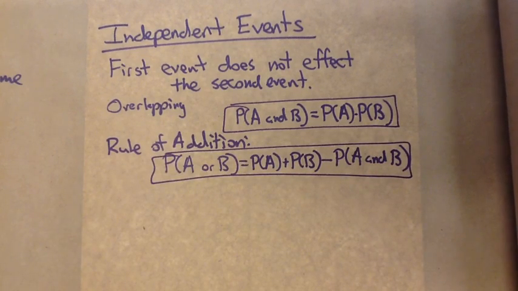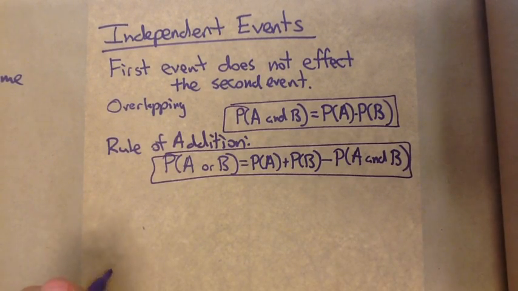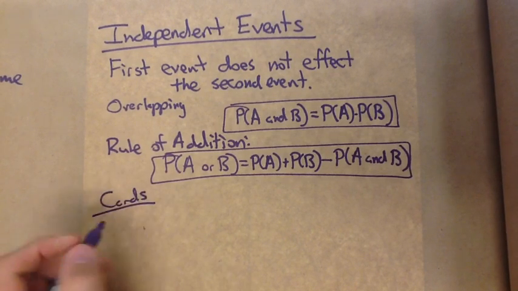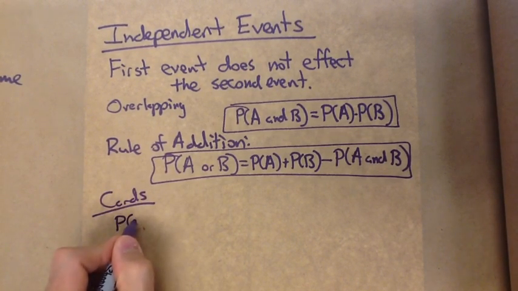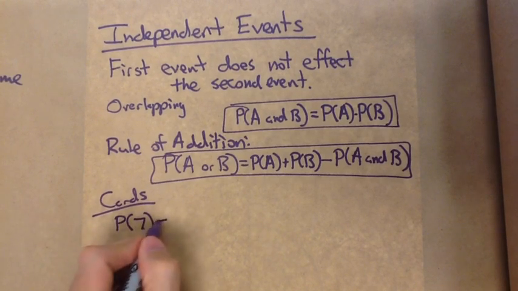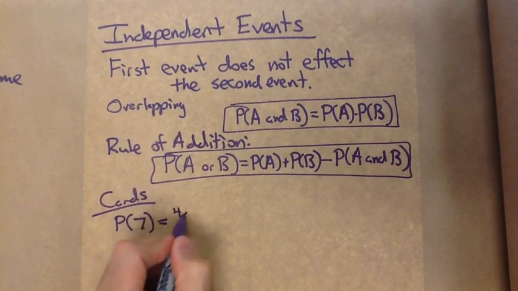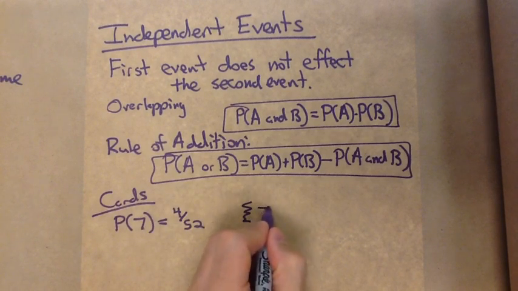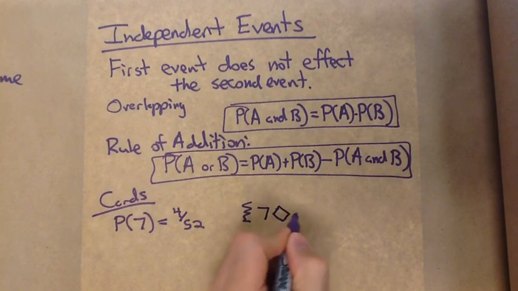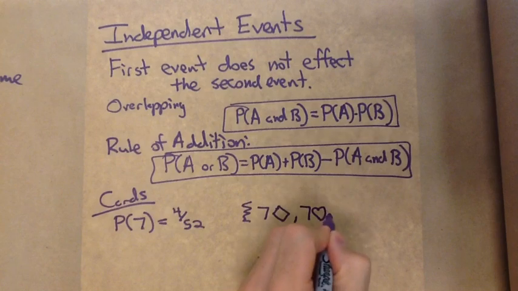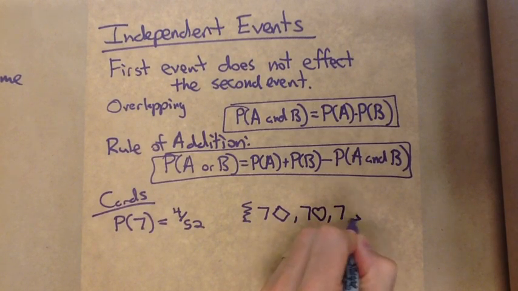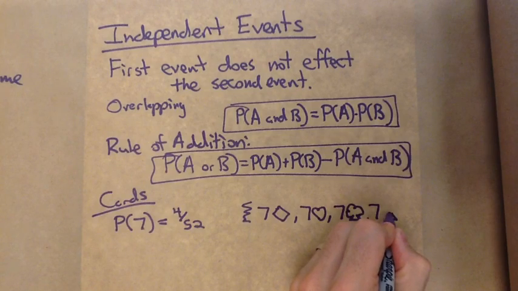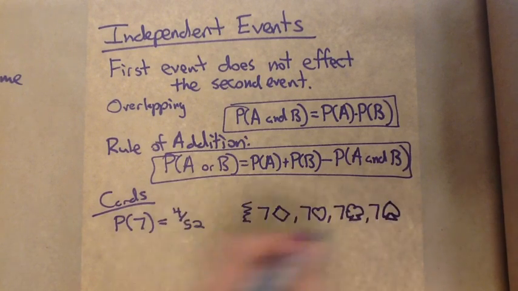So let's say we are pulling some cards from a deck of cards, and I'm looking at the probability I pull a 7. Now there are 4 7s out of 52, and if I even write the sample space of this, I have a 7 of diamonds, a 7 of hearts, a 7 of clubs, and a 7 of spades.